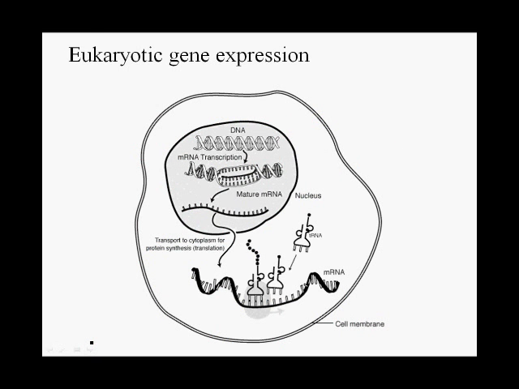In eukaryotes, of course, that's impossible. In eukaryotes, transcription and translation are separated in both space and time. In space, because transcription occurs in the nucleus and translation occurs out in the cytoplasm. And time, because it takes time between transcription of the RNA and its processing and exit from the nucleus before ribosomes can get at the messenger RNAs to translate them.